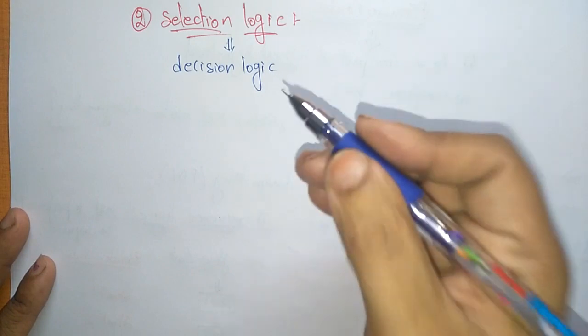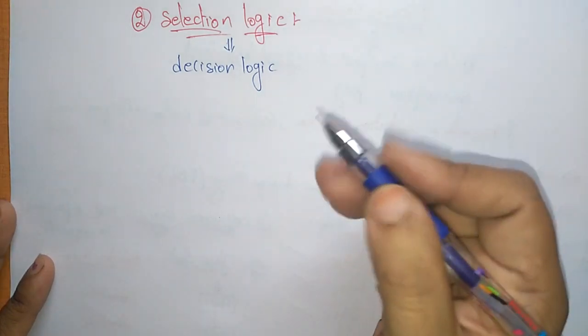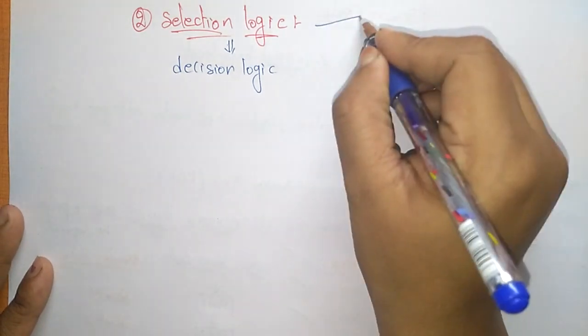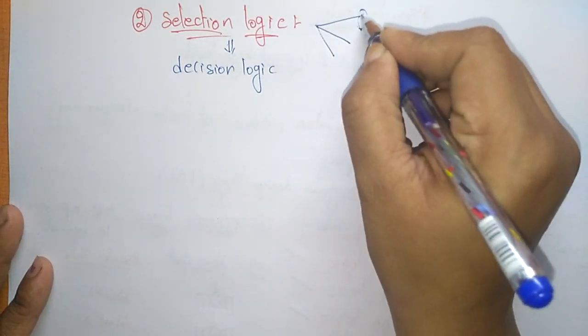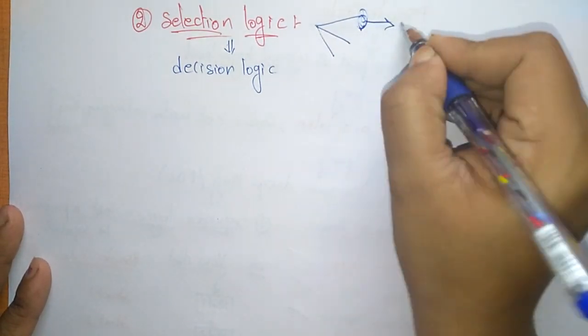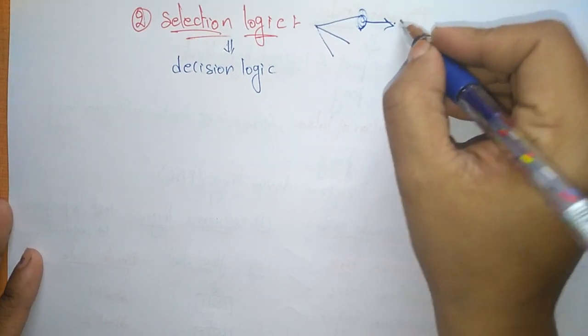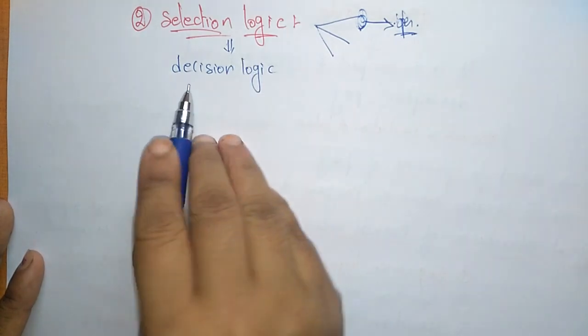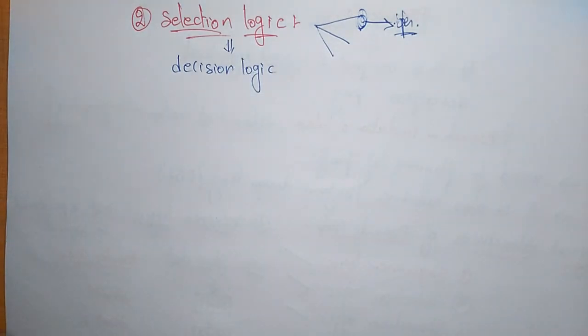What it does is decide the proper path from one or more alternative paths in the program. Suppose you have many paths, it decides one proper path and sends it to the output, to perform the operations of the program. Selection is nothing but taking the decision.